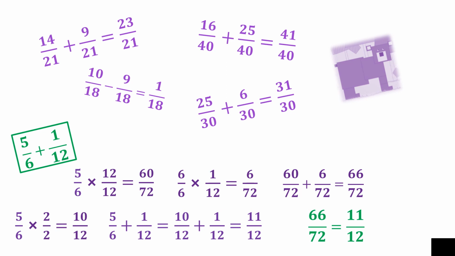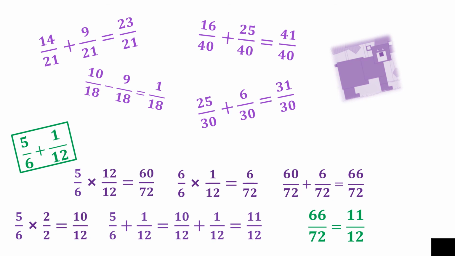Not at all. 66/72 is an equivalent fraction for 11/12. The calculations may seem a little more difficult, but this method always works.